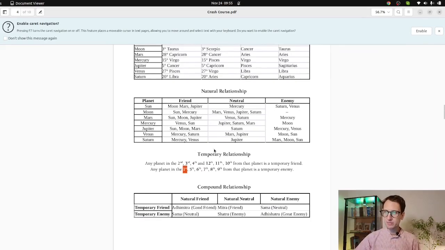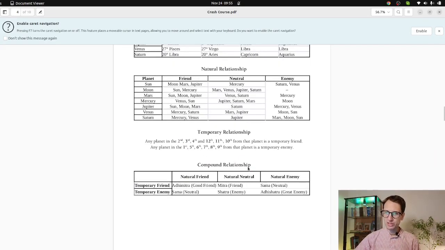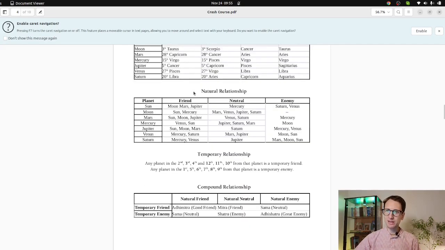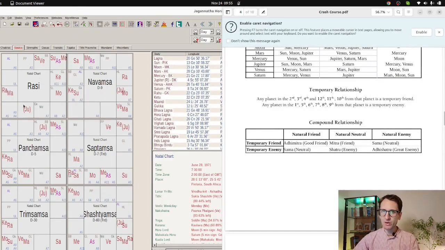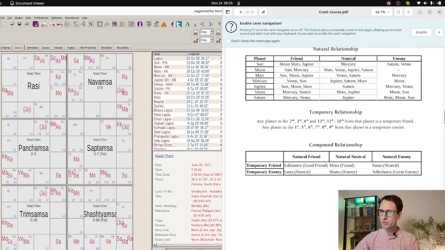Then the third level of relationship is the compound relationship. So now we take both the natural and the temporary relationship and we compound it, put it together. For that you have this table here. A natural friend and a temporary friend will become a very good friend. So in our example here, Mars is a natural friend of Jupiter.